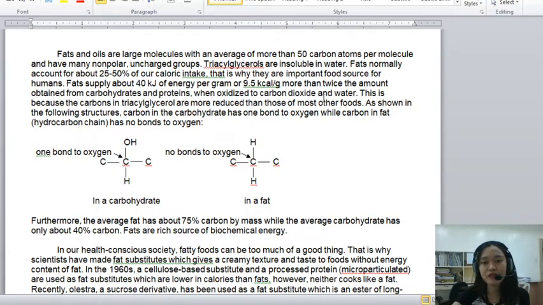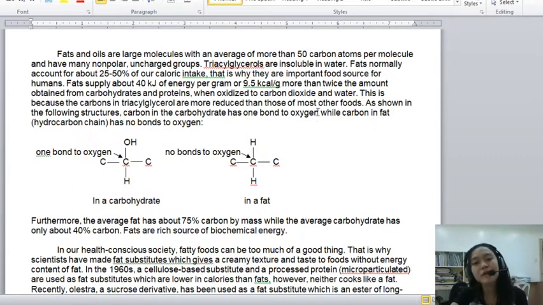Okay, so when they are oxidized to carbon dioxide and water, this is because the carbons in triglycerol are more reduced than those of most other foods. As shown in the following structures, carbon in the carbohydrate has 1 bond to oxygen, while carbon in fat has no bonds to oxygen.